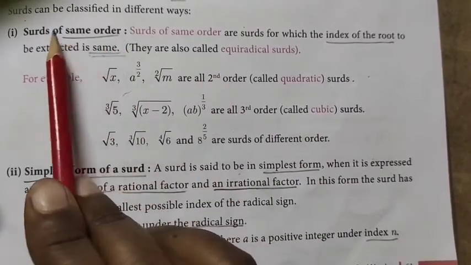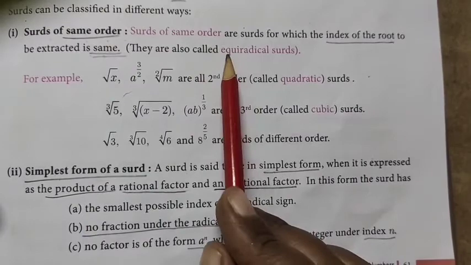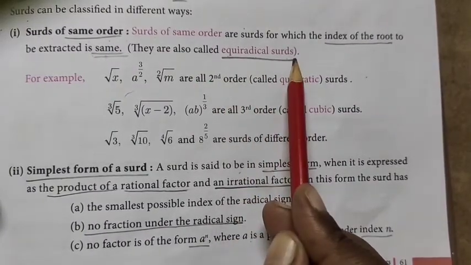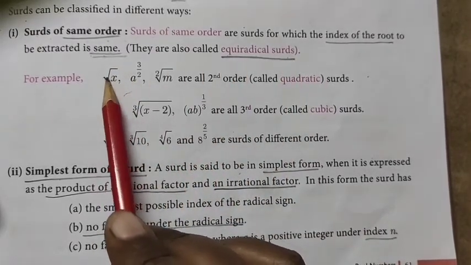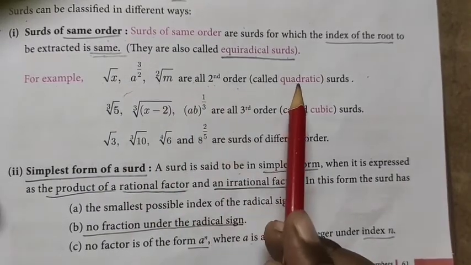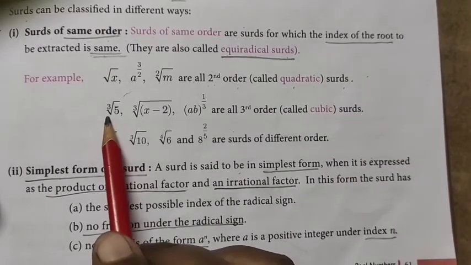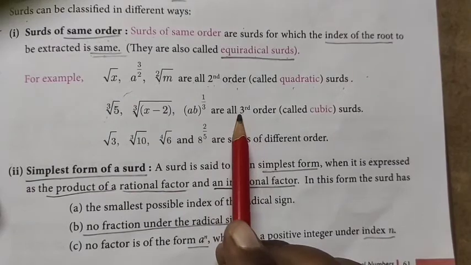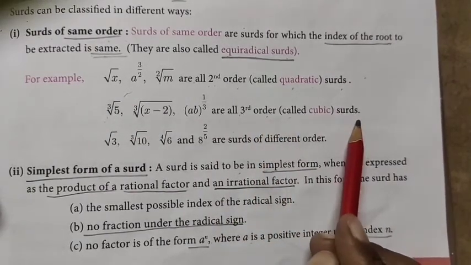That is called surds of same order or equiradical surds. If the order of the surds is 2, they are called second order surds or quadratic surds. If the order is 3, they are called third order surds or cubic surds.